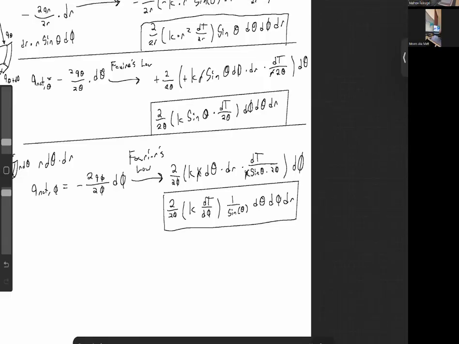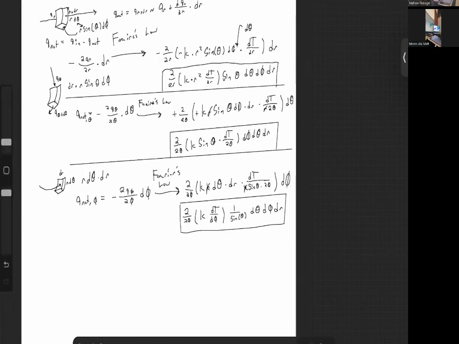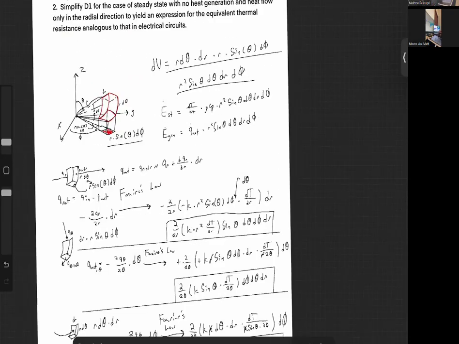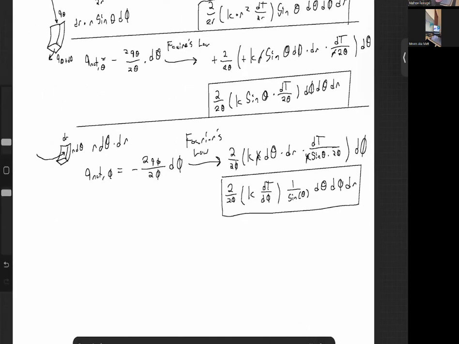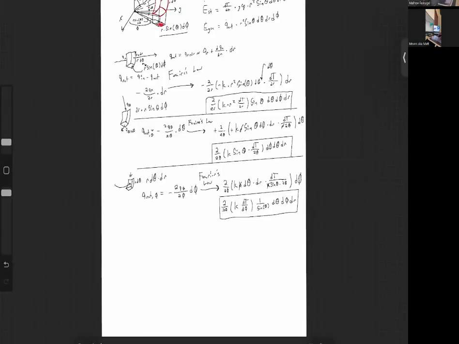Okay, so we have all of these net heat equations. Now I'm going to add them all together and simplify them, and then introduce them back into our energy stored and energy generation. So when I do that, I'm going to take like terms. You know what? No, let's not do it like that.